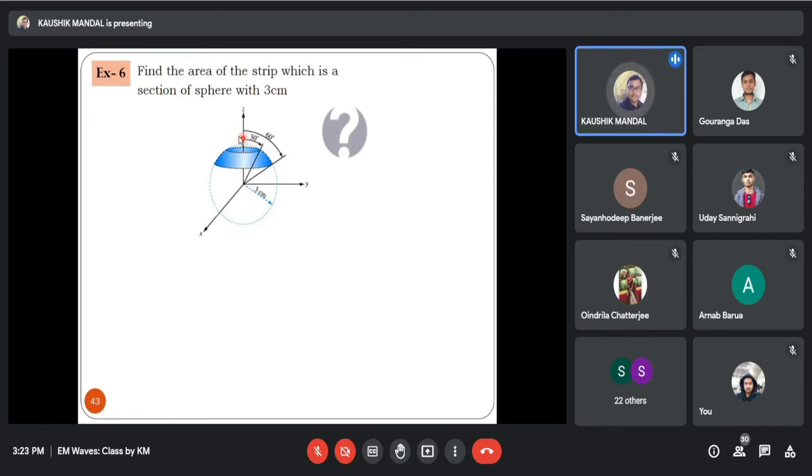The angular value theta for the top surface is 30 degrees, and for the lower surface it is 60 degrees. So the angular values are given, the radius value is given. Now you have to find out the area of this particular strip. Any idea how we can find this out?